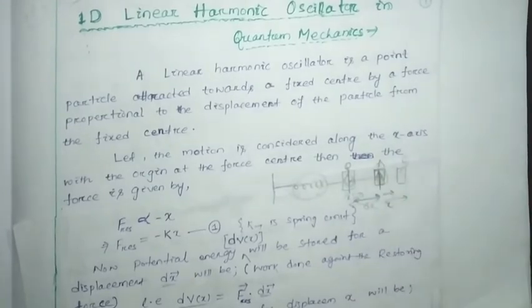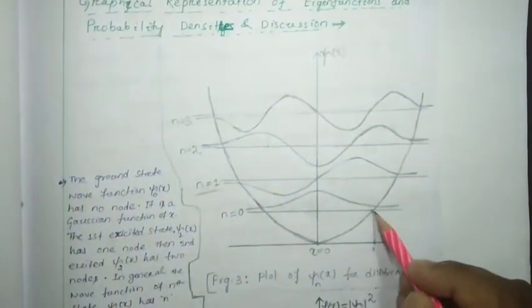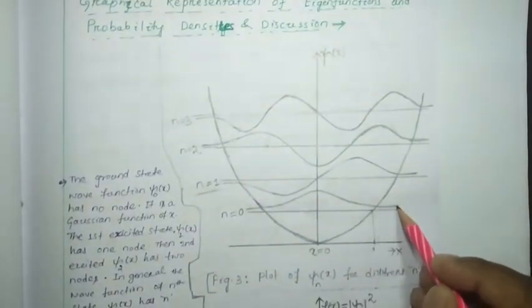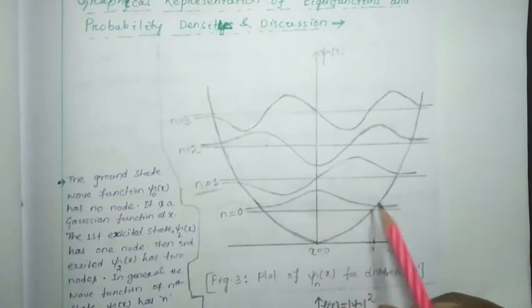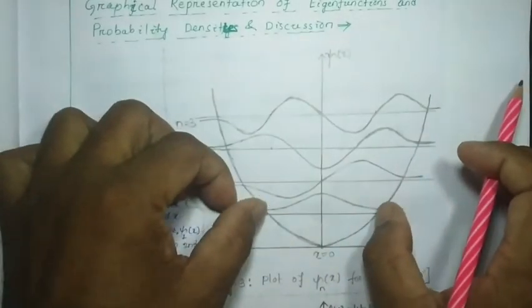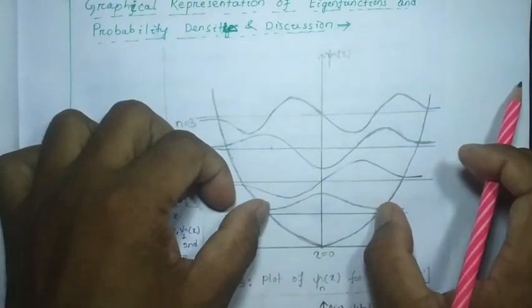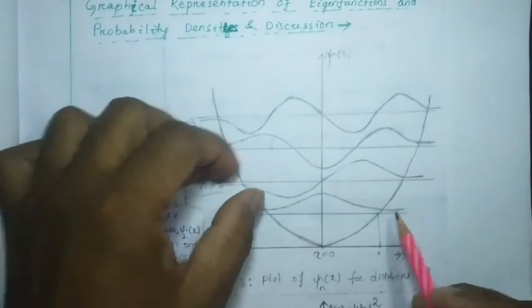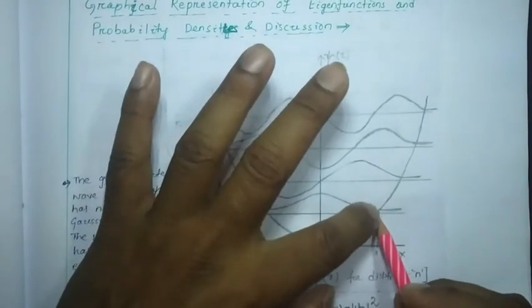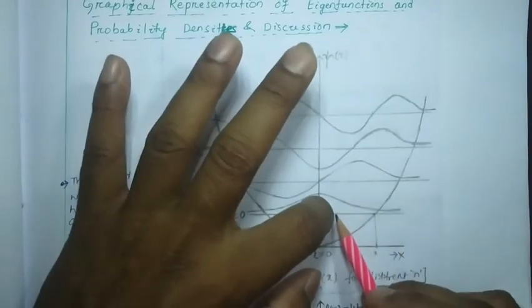But in quantum mechanics, beyond that also the wave function somewhat exists. Classically, the particle exists only in between this potential and this potential, and up to this much the maximum force is there, trying to drag it to its original position.